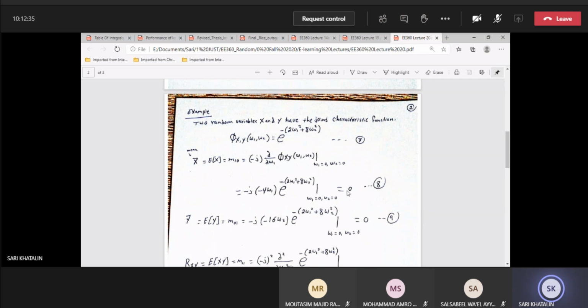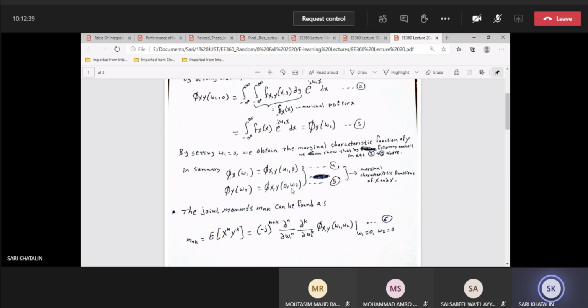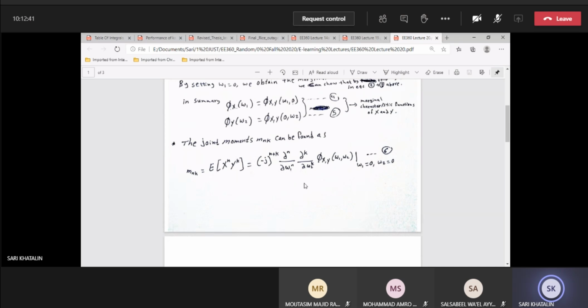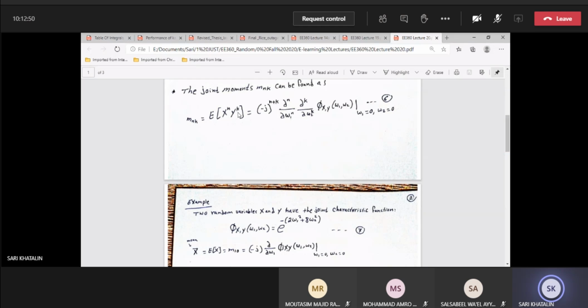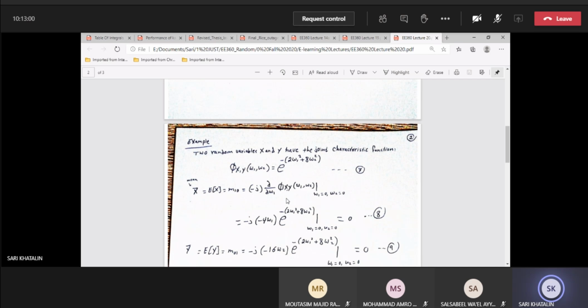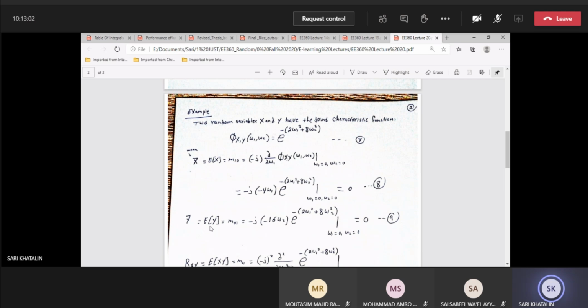So you can do it in 2 ways. The first one, you can find the marginal characteristic function and go back to what we learned in chapter 3, or you just set k to 0 in this case, which is nk. N is going to be 1 and k is equal to 0, and you do the derivations right away. And the same thing for the mean.